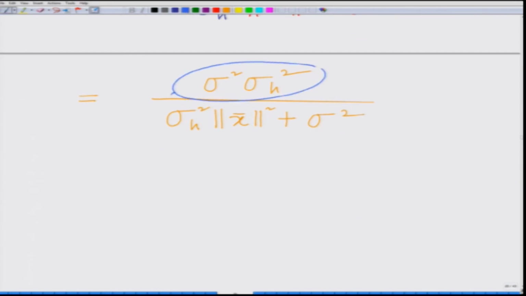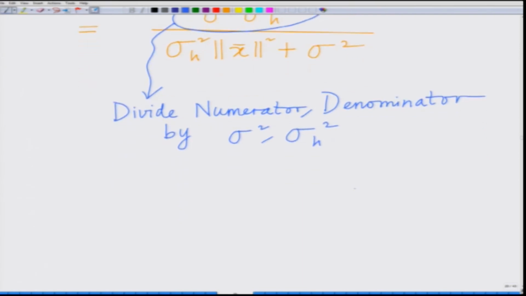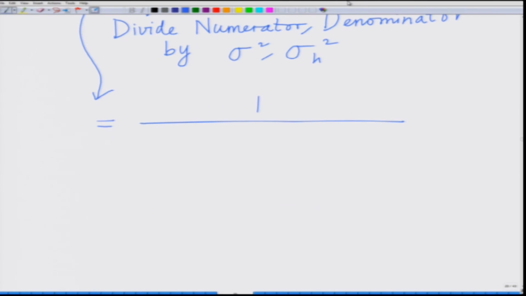Now, alright, we have this expression. Now we divide numerator and denominator by sigma square sigma h square, and when you divide numerator and denominator by sigma h square, of course, the numerator will become 1, and the denominator will become norm x bar square divided by sigma square plus 1 over sigma h square.